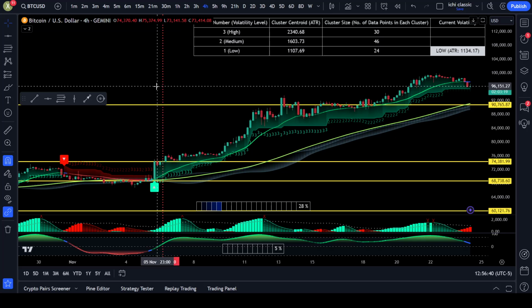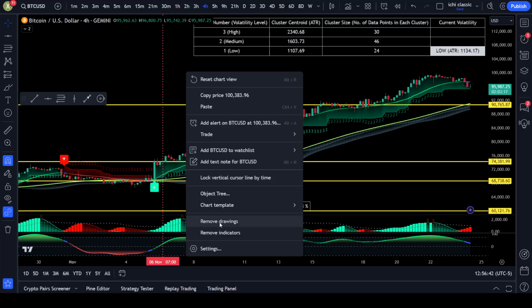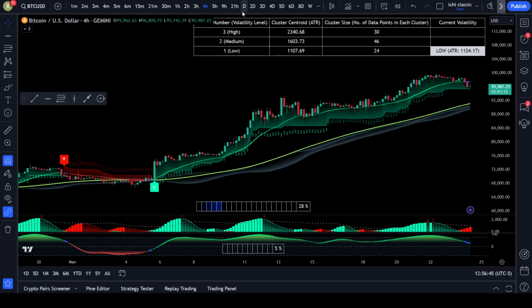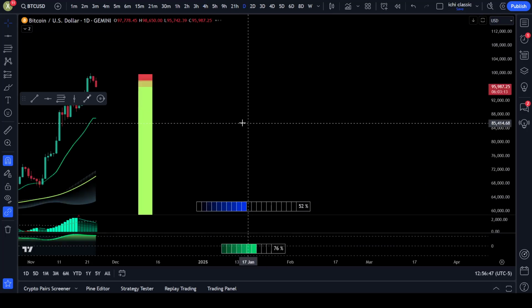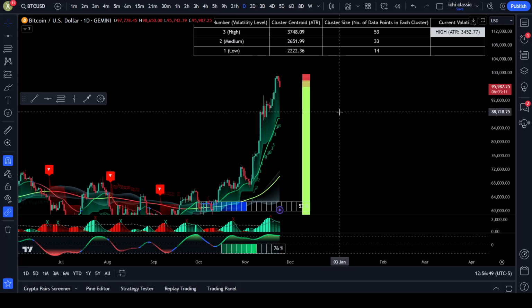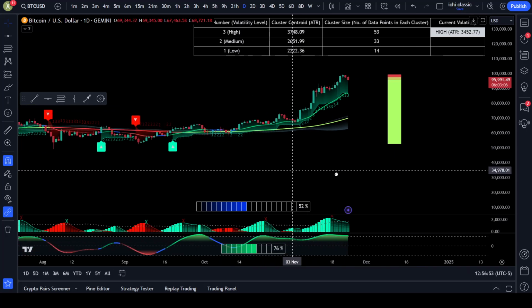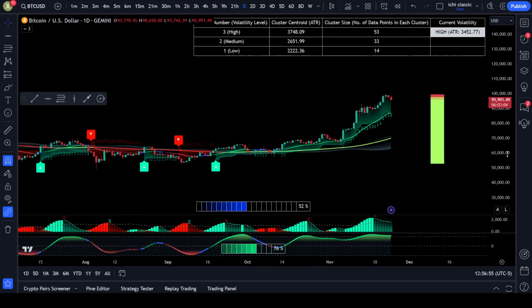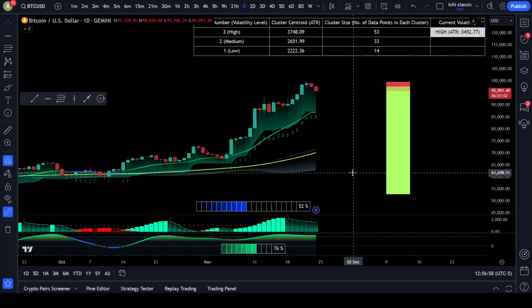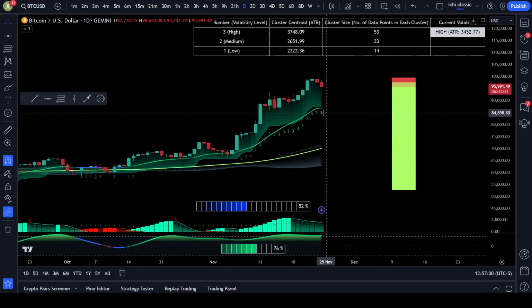Okay, so let's remove all these drawings and go to, I don't know, daily maybe. So on the daily we see 3, which means a huge volatility.